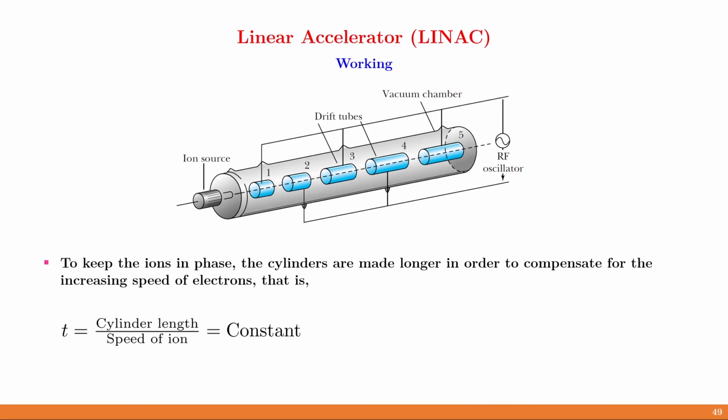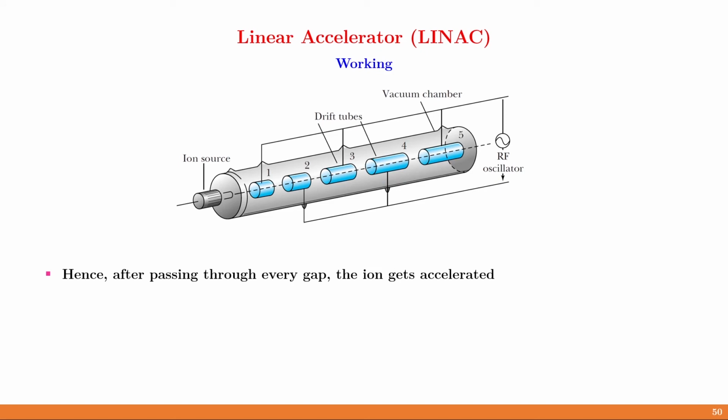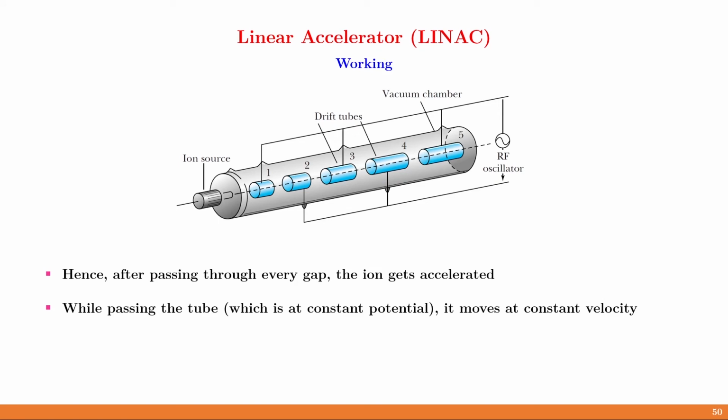To keep the ions in phase, the cylinders are made longer in order to compensate for the increasing speed of the ions, that is, T equals cylinder length over speed of ion, which is equal to a constant. Here T is the time of travel inside a cylinder. Hence, after passing through every gap, the ion gets accelerated. While moving inside the tube, which is at a constant potential, the ion moves at constant velocity.